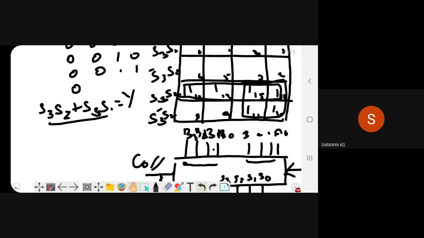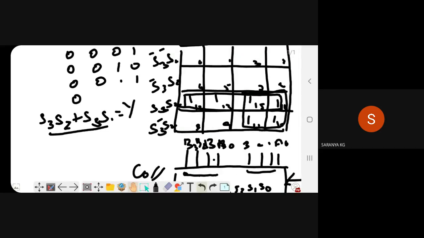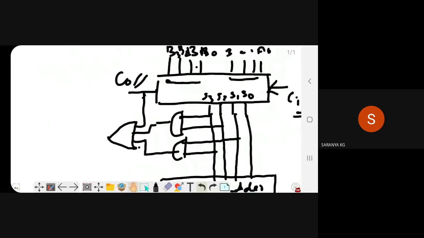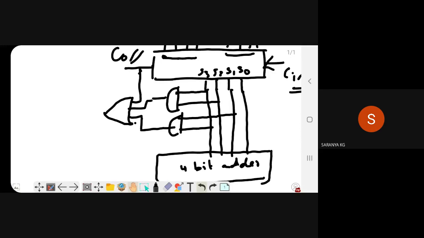In the equation, I have designed this circuit, but now at last I have included the carry. So whatever output I got from the OR gate is connected with the pins B1 and B2. Again, B0 and B3 are connected with 0.